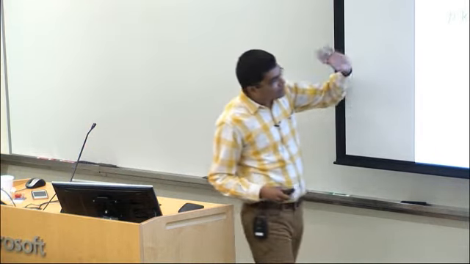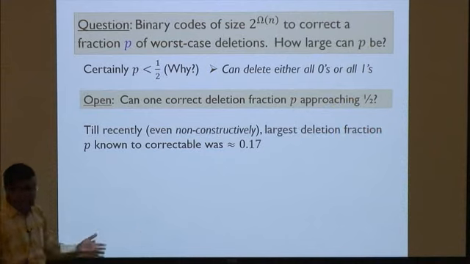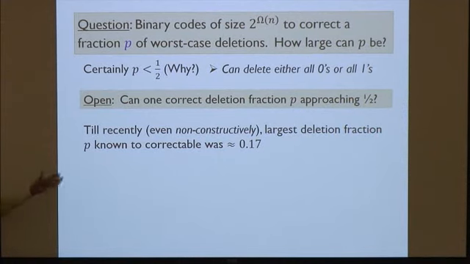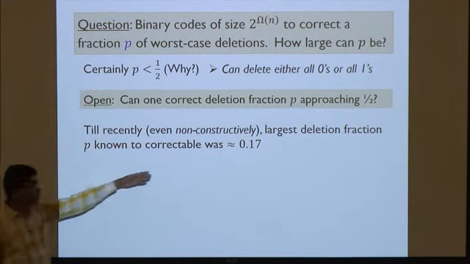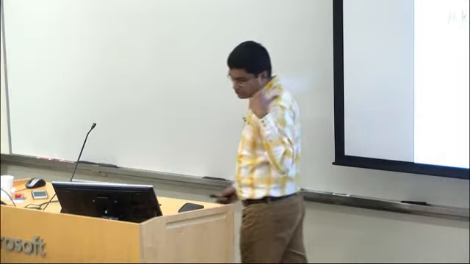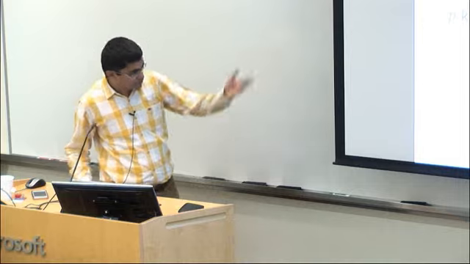So what was known before, till recently, even non-constructively: you could take a random code and do the usual thing. The largest deletion fraction known to be correctable was around 17%. This comes from the expected length of longest common subsequences over n-bit strings, which is an unknown quantity, but using known bounds you can get this. And half was the limit.